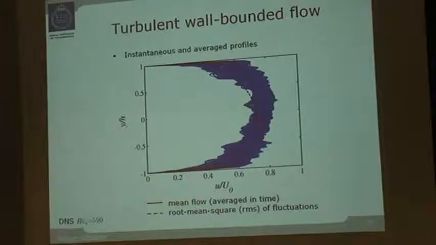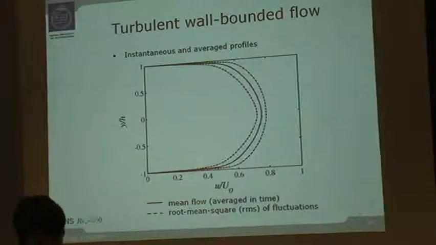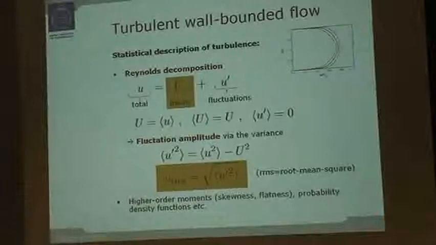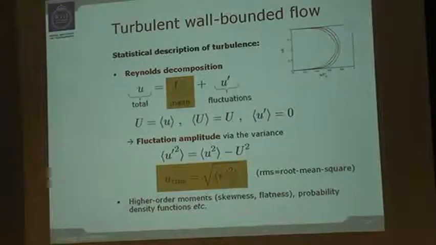And you can see that the instantaneous values, the blue ones, are nicely captured by this decomposition into mean plus minus fluctuation. And of course, this is essentially a repetition. We have the total quantity decomposed into mean and fluctuation, and here we have one way to quantify the fluctuations.